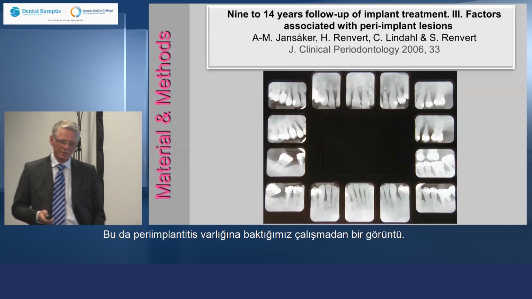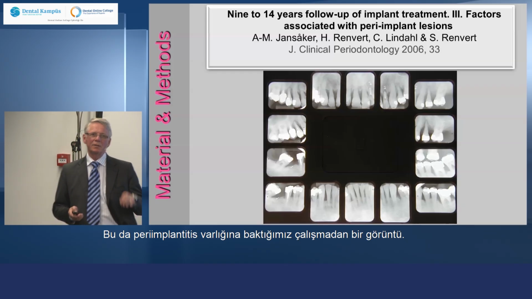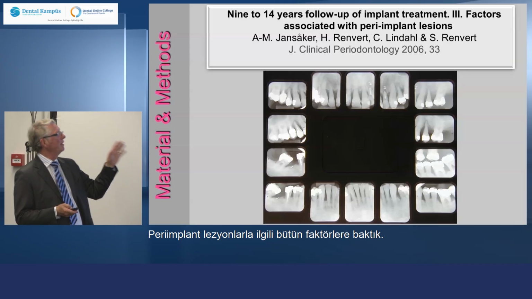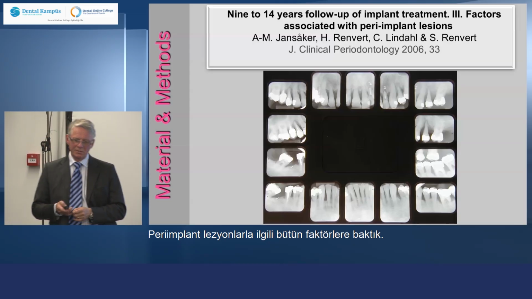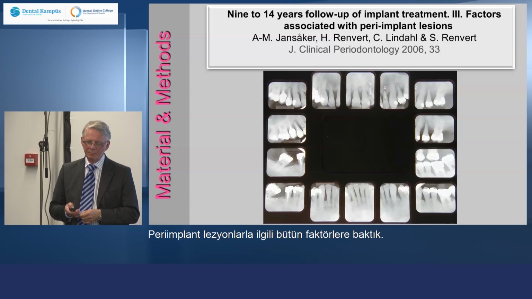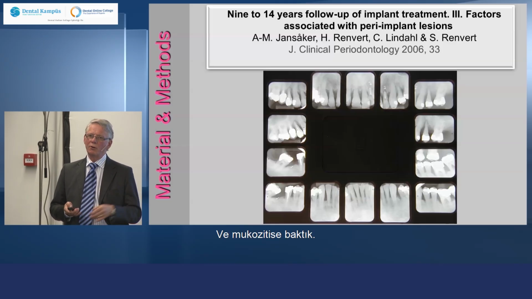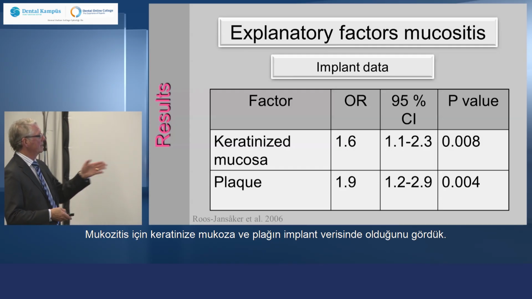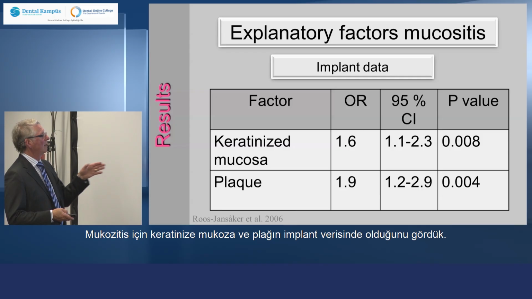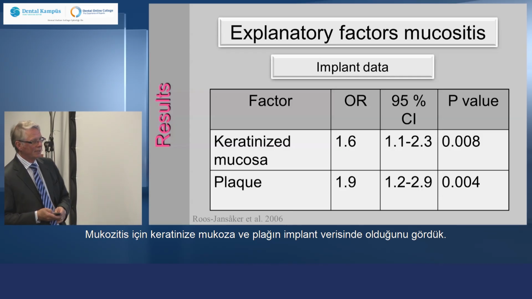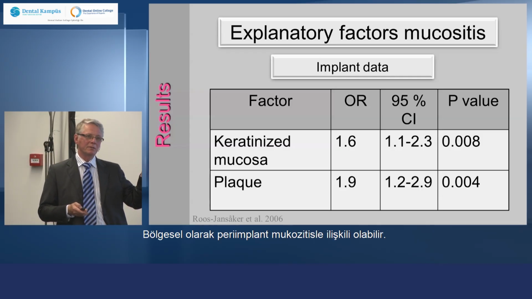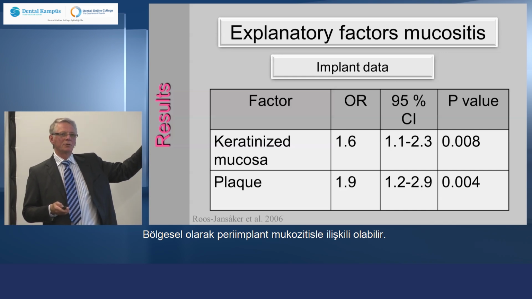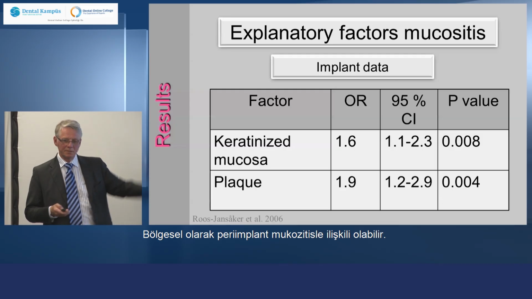This is also from the study where we looked at the presence of peri-implantitis. We looked at whether there are any factors that really are associated with peri-implant lesions. And we looked for mucositis, and for mucositis we found that keratinized mucosa and plaque are the ones, on the local implant data, that could give a correlation to peri-implant mucositis.